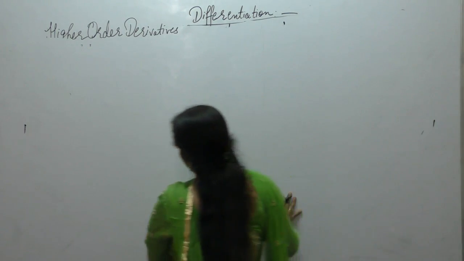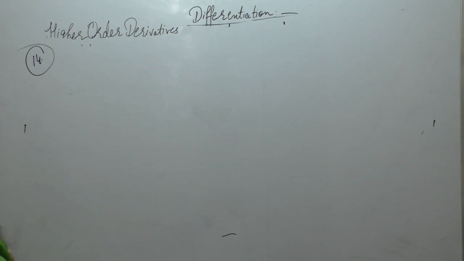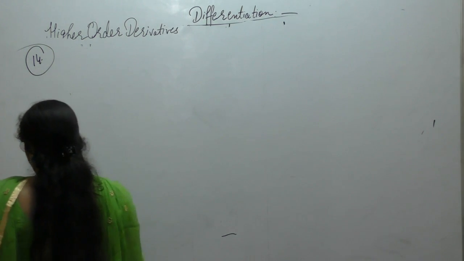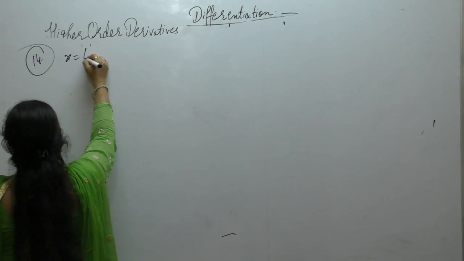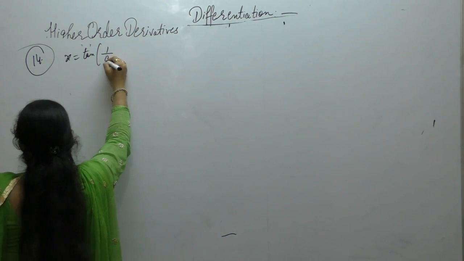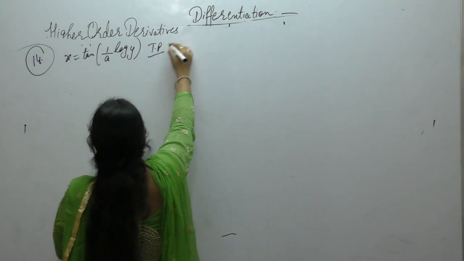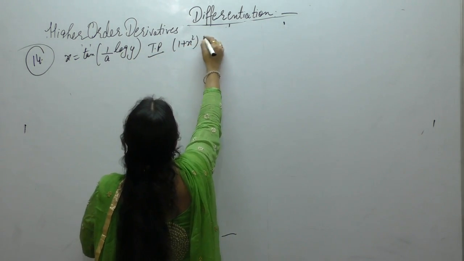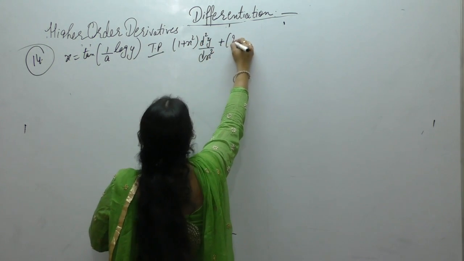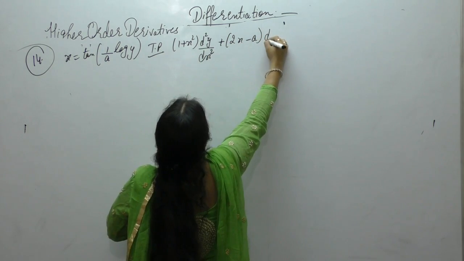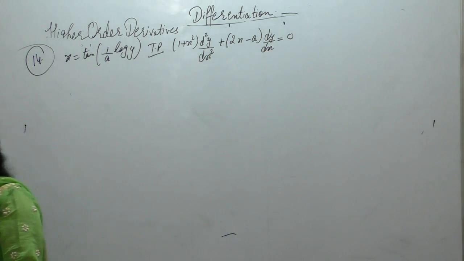Now the next one is: if x is equal to tan of 1 upon a log of y, then prove that (1 plus x square) d square y upon dx square plus (2x minus a) dy upon dx is equal to 0.